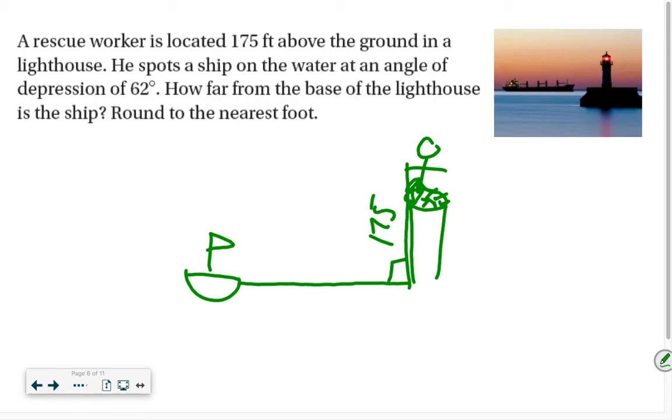So if this is my right angle, that's my triangle. What side am I looking for first? The bottom, because I want to know my ship to the base. Where does my angle go? Where the guy is or the boat? If I have an angle of depression, the guy. So let's put the angle up here, 62.